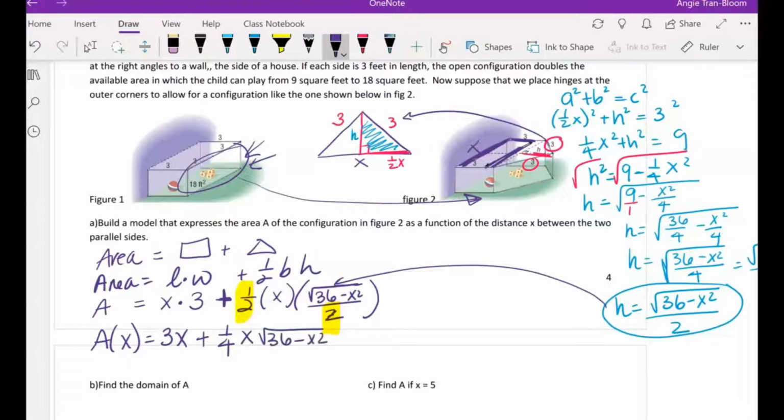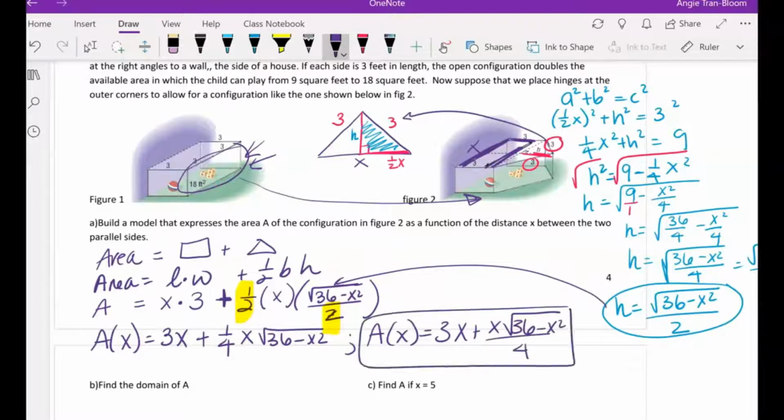Now, if you want to make that a little bit prettier, you can even write it like this: area in terms of x equals 3x plus x times the square root of 36 minus x squared all over 4. Either one is fine, okay? There you go. So that is the area in terms of x and only x.